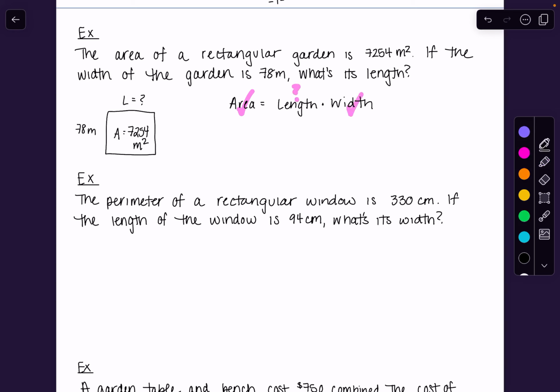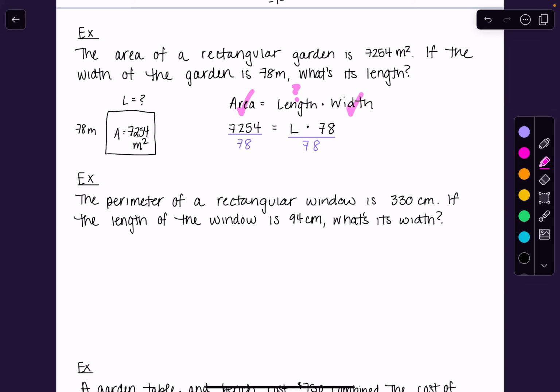So filling in our constants, the area is 7,254. The length is what we're calling L, and the width is 78. Okay. You can fill in the units if you want to, but again, it's a length at the end. We know it should be in meters. So solving for L, since we're multiplying these two, we're going to divide both sides by 78.